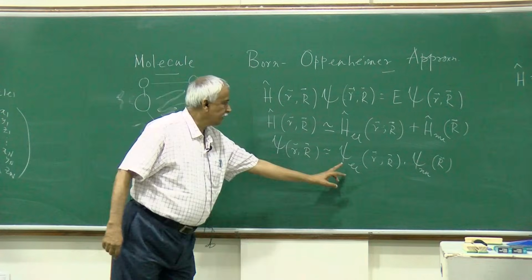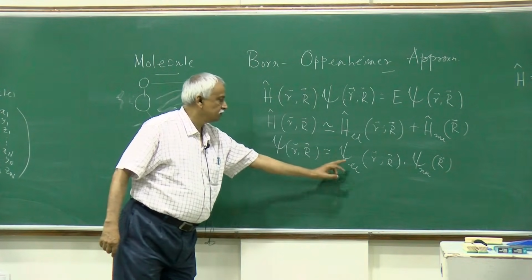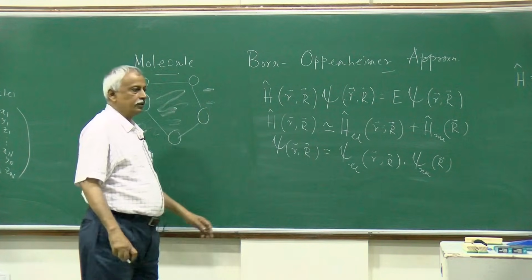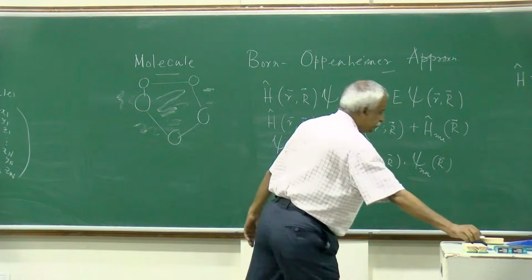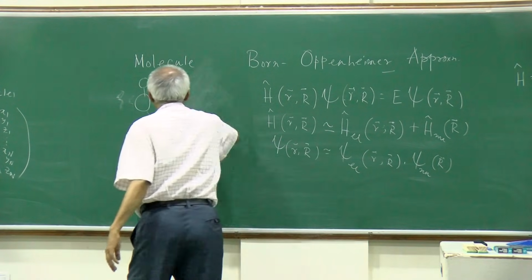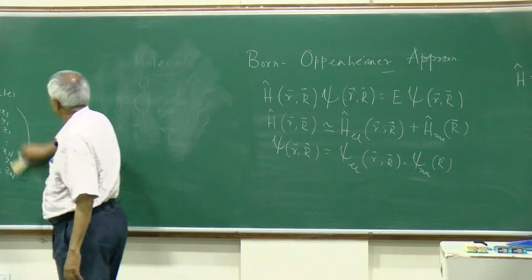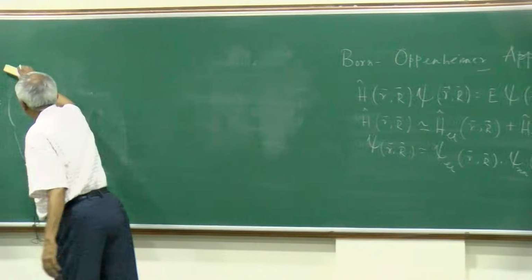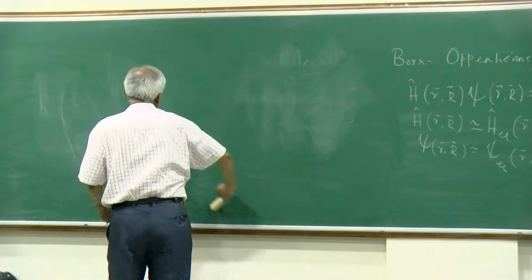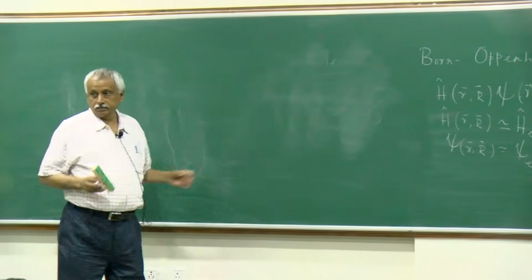And we'll assume that this electronic Hamiltonian will obey what is called the electronic Schrodinger equation. That is basically the equation we solve when we talk about molecular electronic structure calculation.